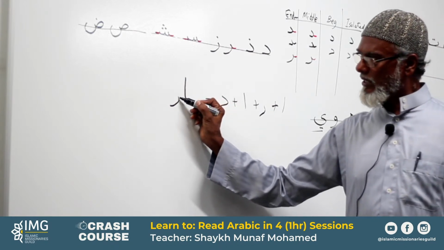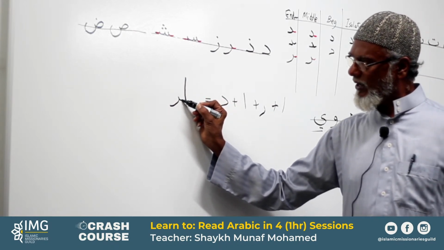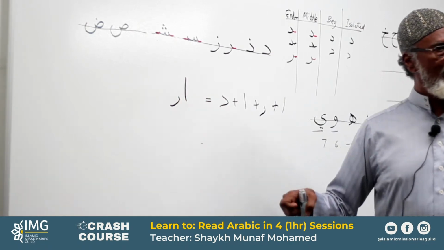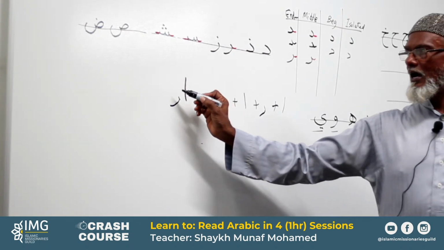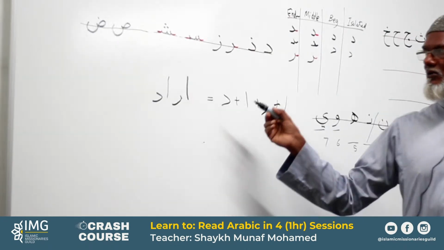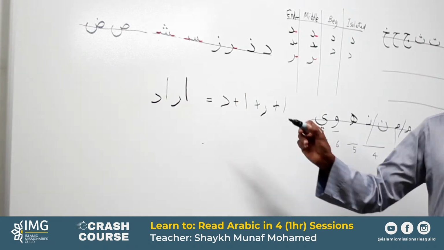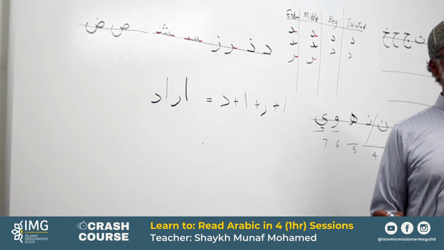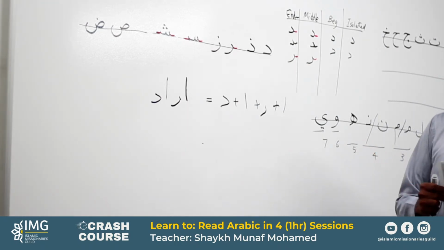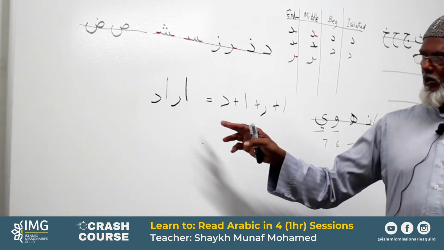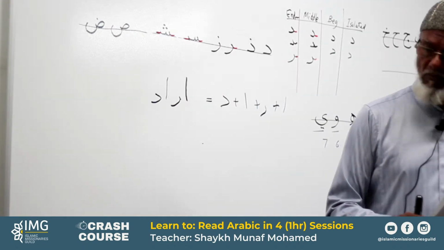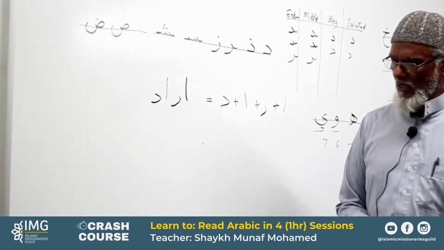Even though the ra can allow attachment here, the alif cannot go, so there is no need for the attachment line. And then after the ra is an alif, and after that is the dal. So they're all separated. Arada. It's mentioned in the Quran. So you could have one word with letters that do not allow attachment.